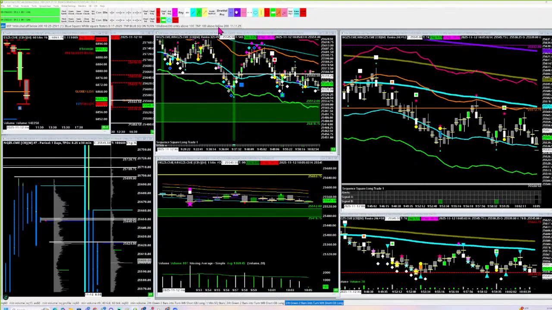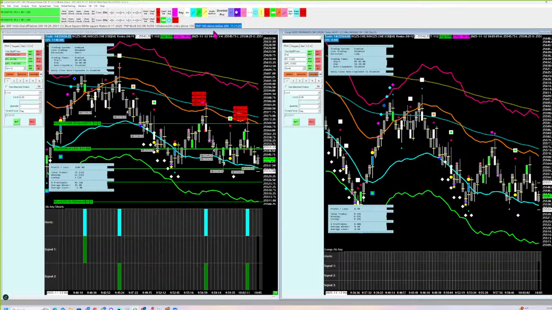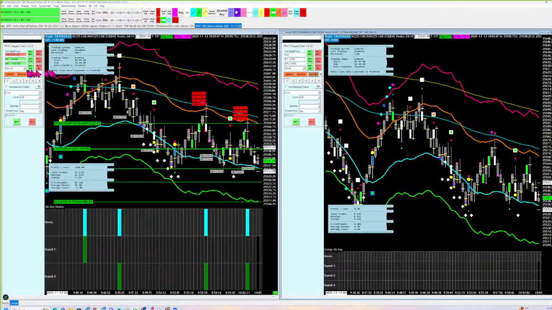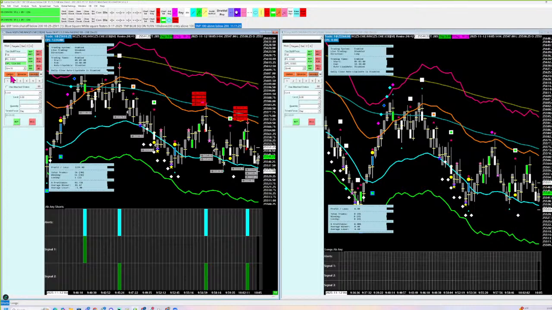I think that tagged it. Scale 1 off, you're at 1140. So you're at less risk. You're about $300 of risk on balance right now, I believe.